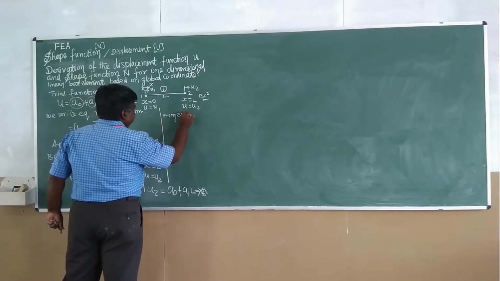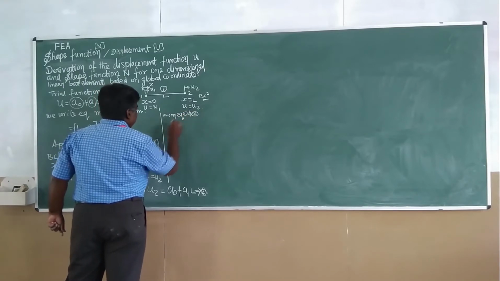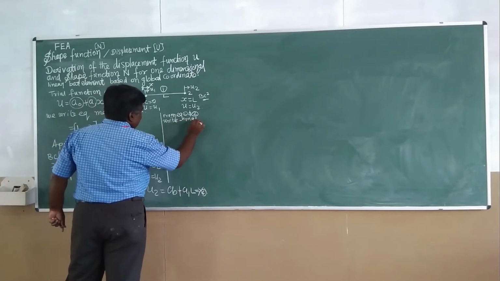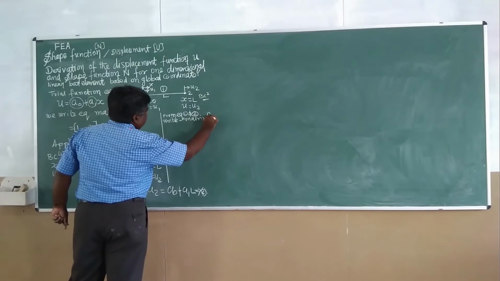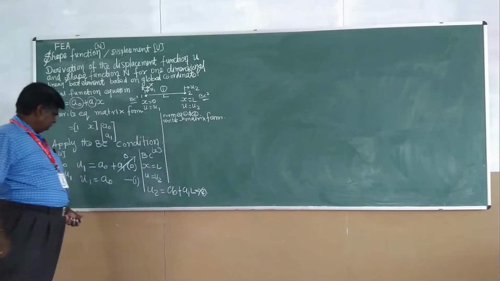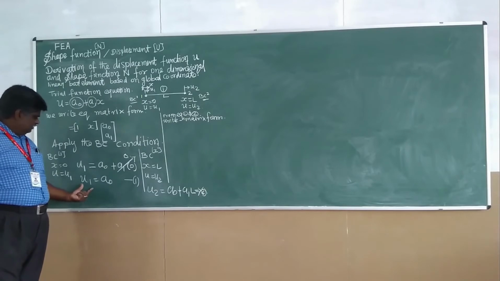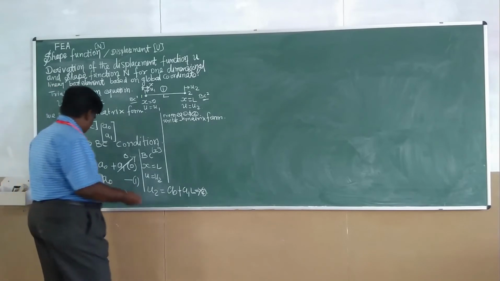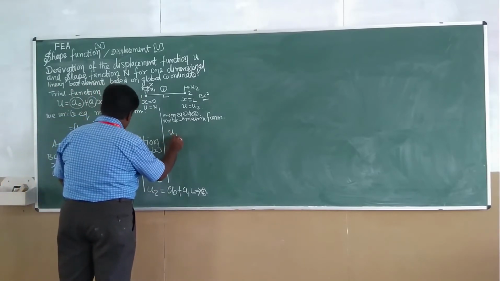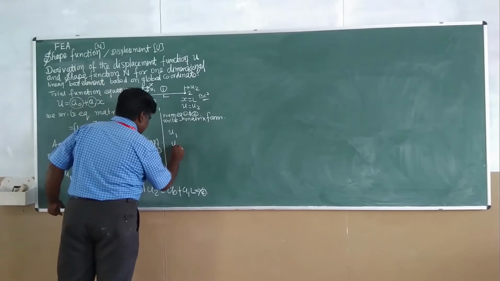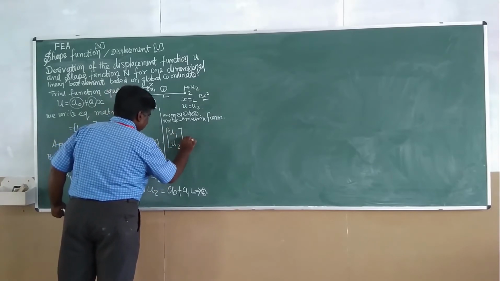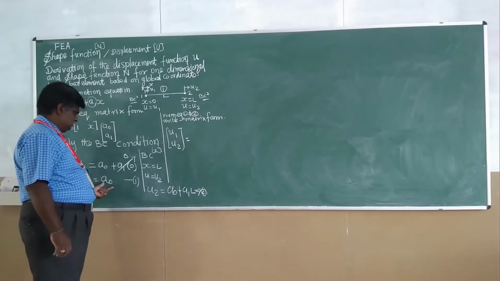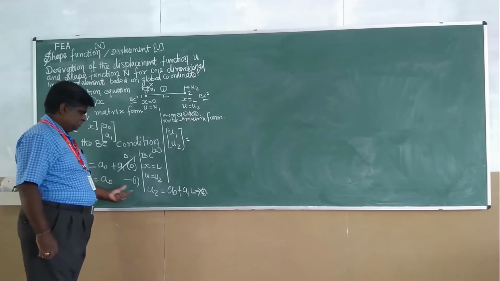Actually our aim is to form the displacement function in terms of u1 and u2. So u1 comes from the first equation, u2 from the second equation. Then we have to calculate a0 and a1.